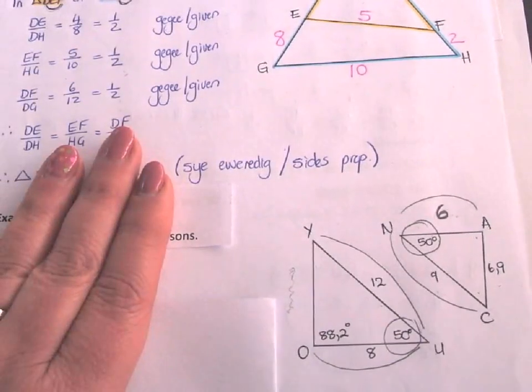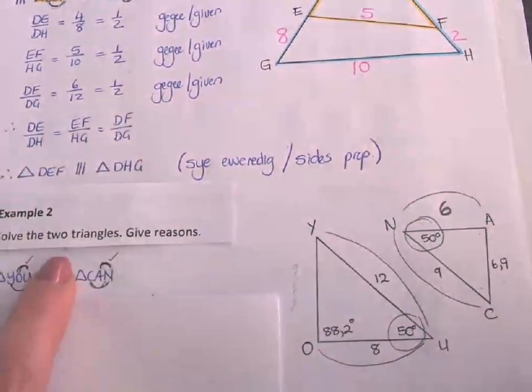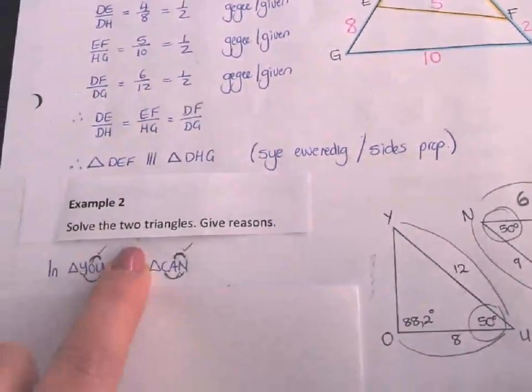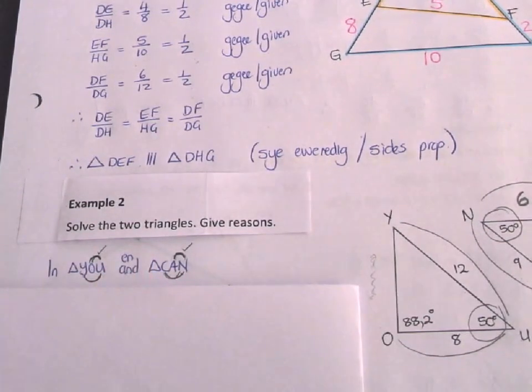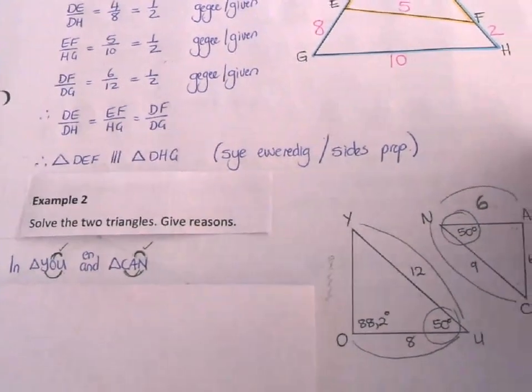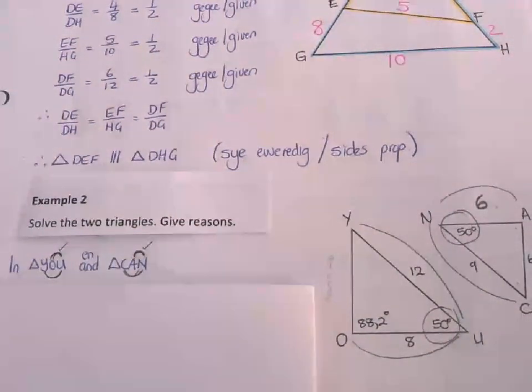Okay. Now we get to the question. They say solve the two triangles. What does that mean? Get the angles and the sides that are the same. Yes. You must get all the angles and all the side lengths that are not there. Okay, so let's start by first proving it similar.